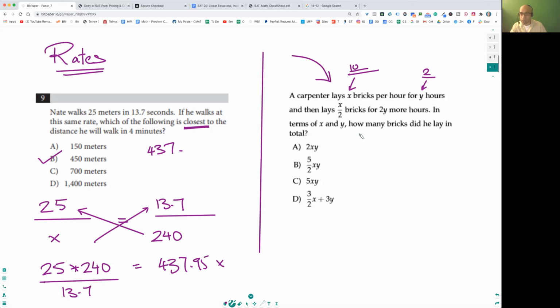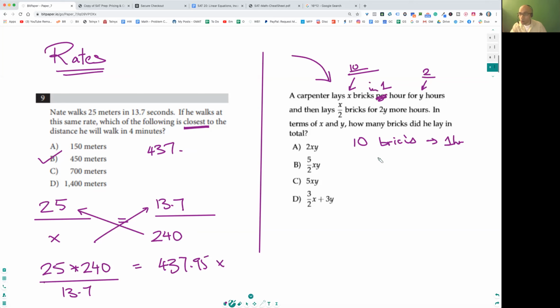So that means you're going to take 10 bricks per hour for Y hours. Think about it like this: 10 bricks in 1 hour. Per means 1. Remember, per means in 1 hour.